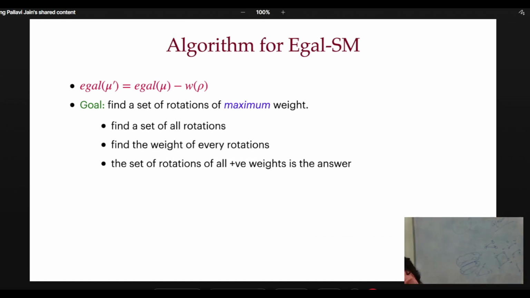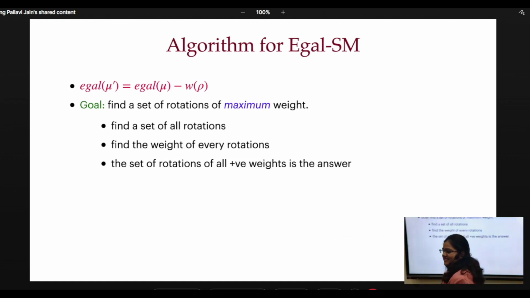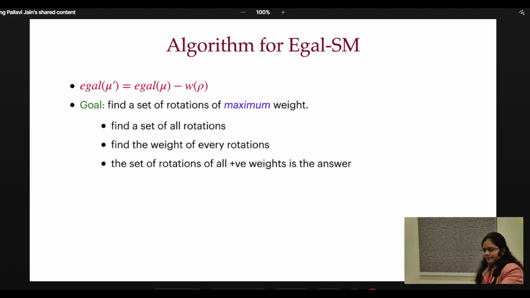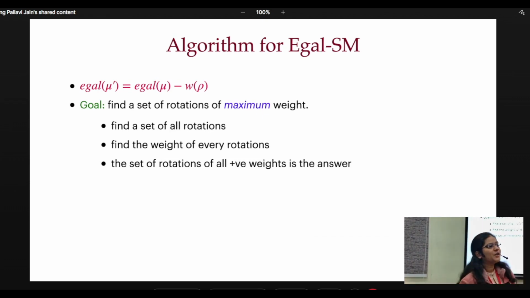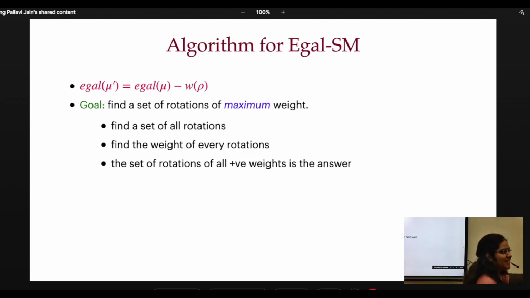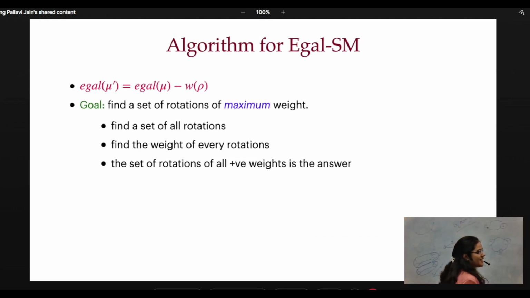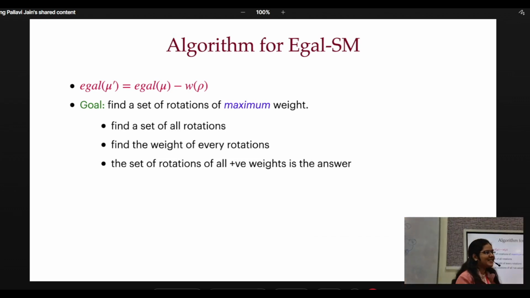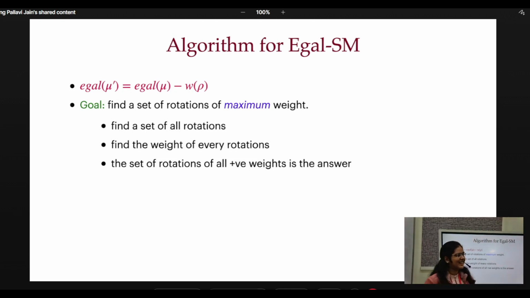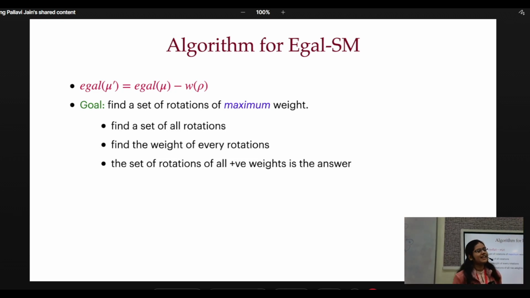Suppose that we need to respect the downward closure property also. Exactly, you have the closure property, you have the precedence relation. You cannot just apply any rotation at any point of time.